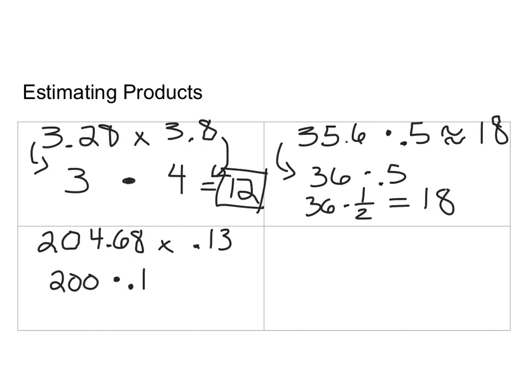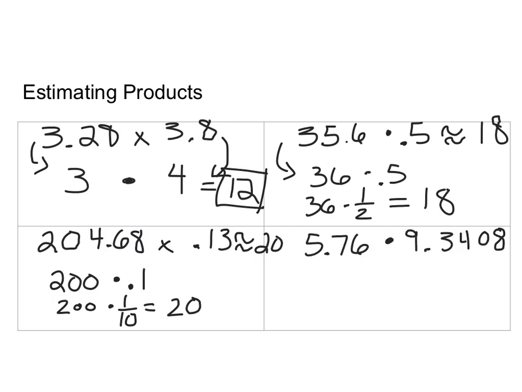That's what I did, because I know that I can think about that as 200 times 1/10, which is the same as 200 divided by 10, which gives me about 20. And once again, this answer is not going to be exactly 20. It may not even be super close to 20, but it'll be close enough for me to know whether I'm in the right ballpark.